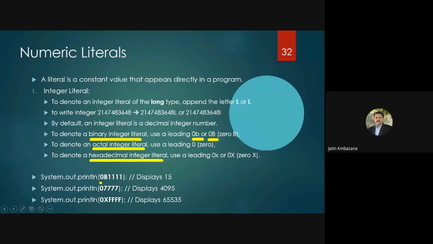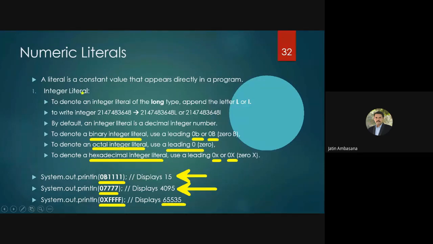So when you say 0b1111, that will display the number as 15. When you say 07777, just a simple 0 will make it an octal integer. So this will display 4095. And when you say 0x or 0X, that is used for a hexadecimal integer. So 0xFFFF represents 65535.